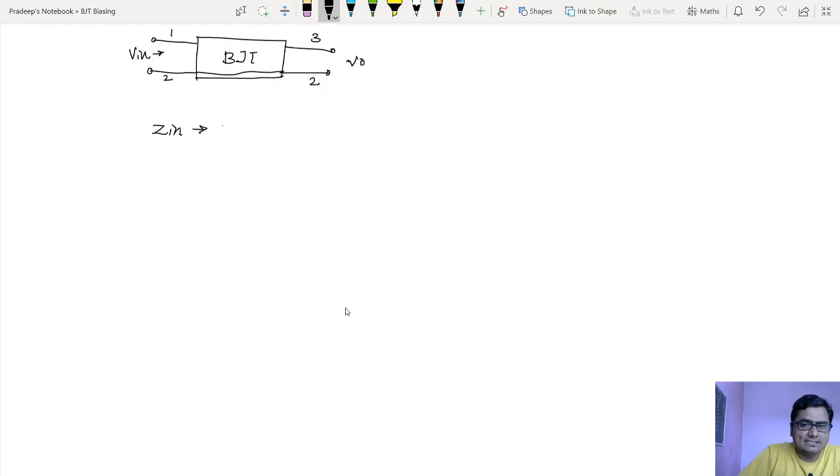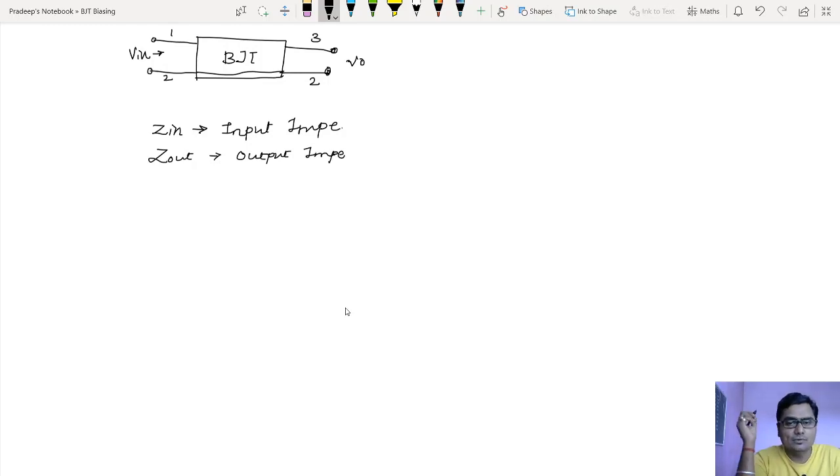Zin is input impedance. Between 3 and 2 we have output, so there must exist output impedance. So what is that Z out? I am writing here, Z out is output impedance.